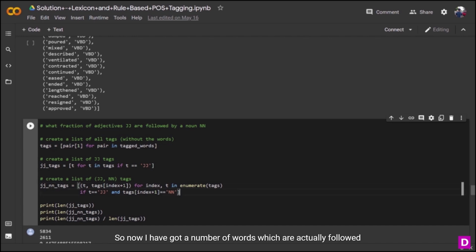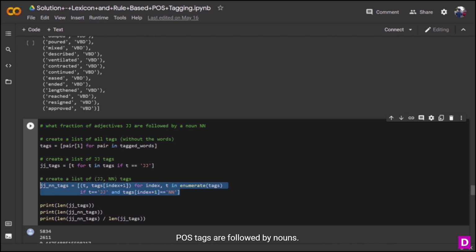So now I have got a number of words tagged with the adjective POS tag which are followed by nouns. I have a very precise subset now, and I also have a very generic subset, that is the set of all the adjectives, right? So adjective tags.